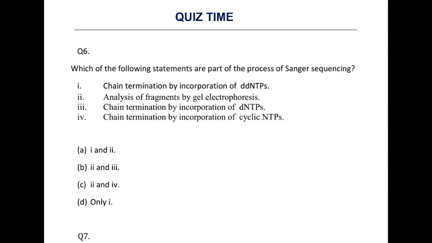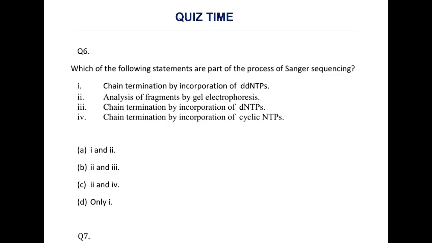Sanger sequencing is also known as the chain termination method. It relies on dideoxynucleotide triphosphates, the ddNTPs. These lack a 3' OH group, which prevents the formation of a phosphodiester bond with the next incoming nucleotide. So this is correct.